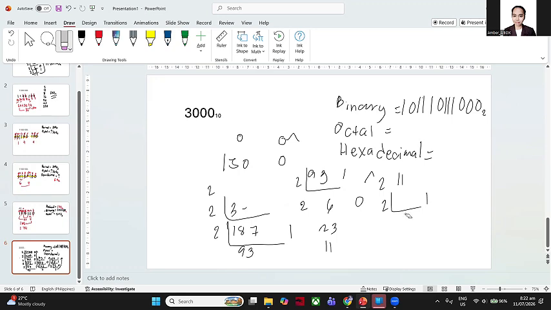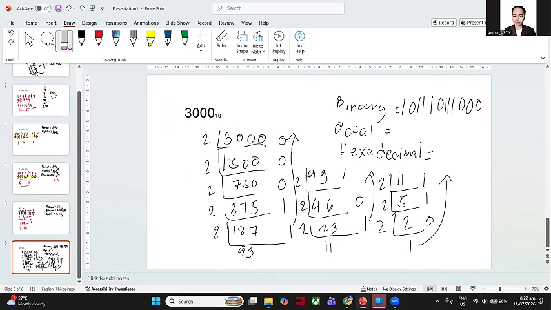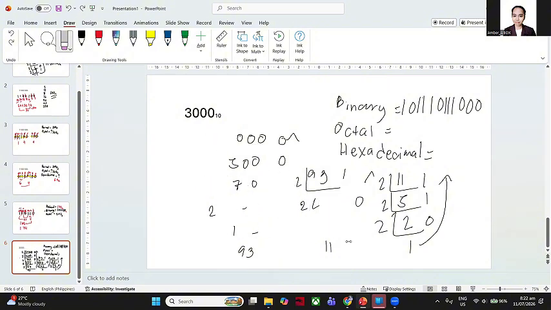That is the binary of 3,000. So that's it for the binary.